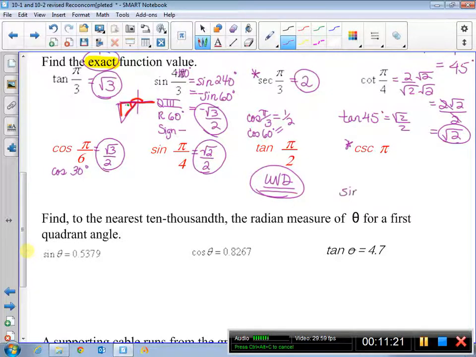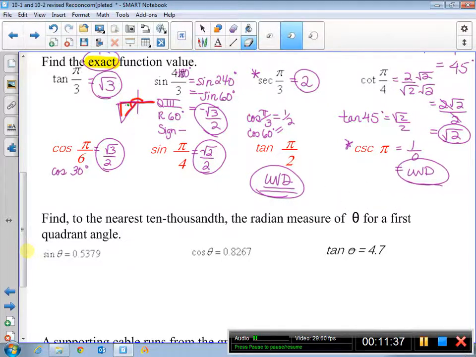So if you know the sine of pi, the sine of 180 is 0. So the cosecant would be 1 over 0, which is also undefined. Another way to show the work is that the cosecant of pi is 1 over the sine of pi. And then you could say it's 1 over 0. And of course you're getting this same answer.